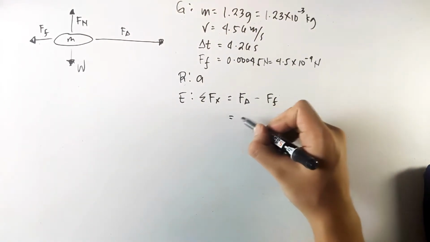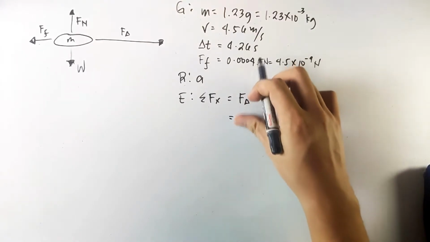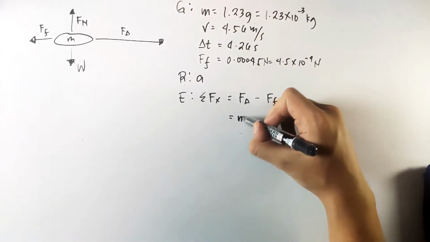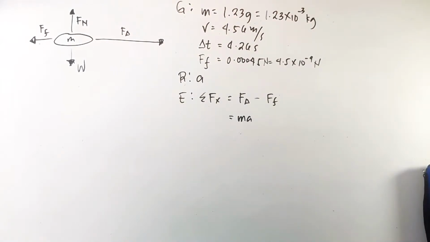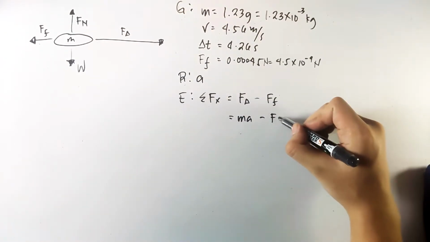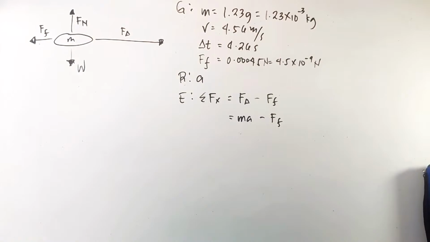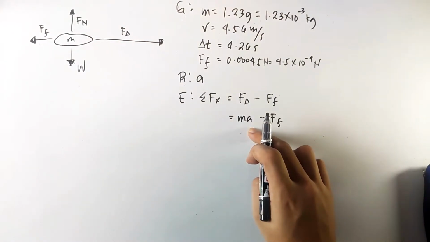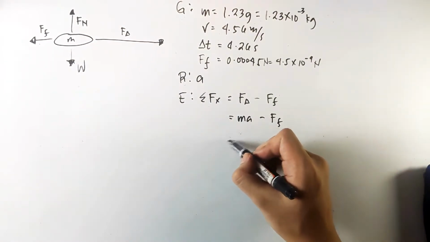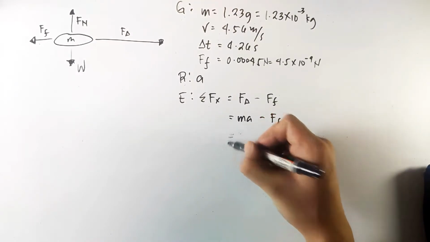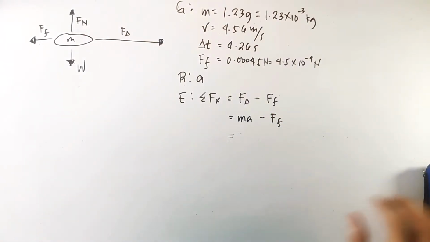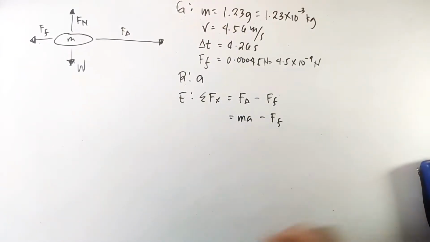Then this can be rewritten as force is equal to mass times acceleration, so that would become mass times acceleration minus the friction force, correct? And since acceleration is the one that you're looking for, you can refer to your kinematic equations for the appropriate equation that you can use.